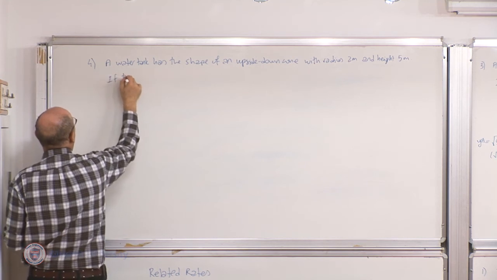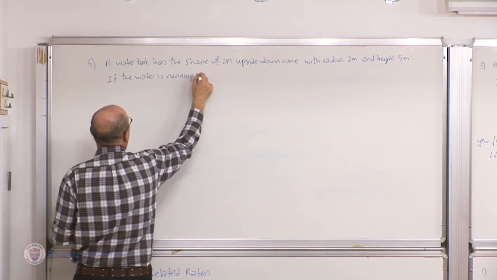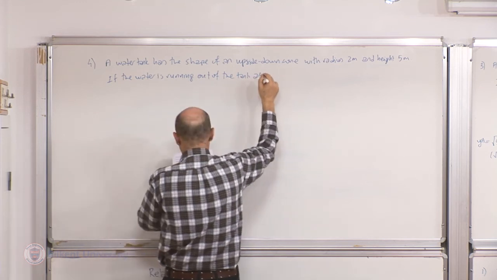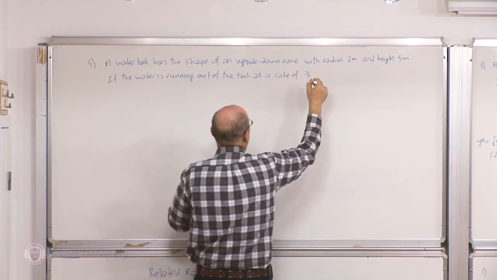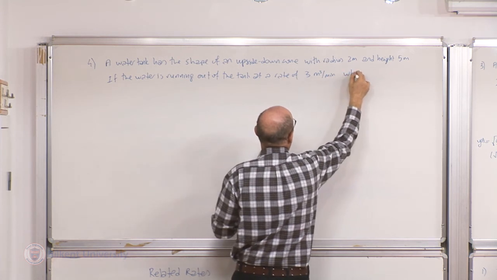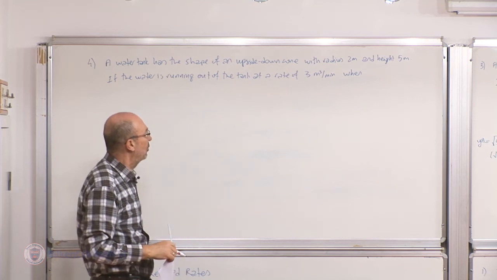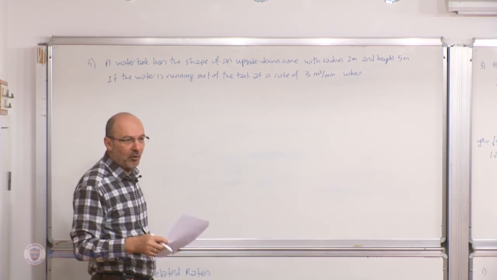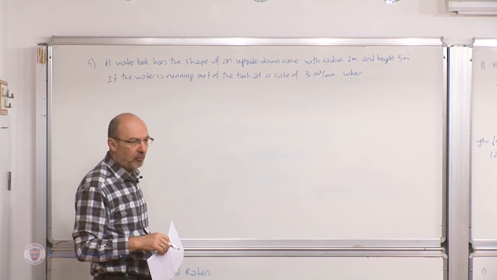If the water is running out of the tank at a rate of 3 cubic meters per minute, when... So the rate at which the water runs out, if it is not being pumped by a regulated machine, then the rate changes on the height of the water, right?